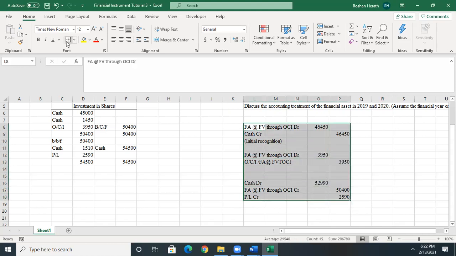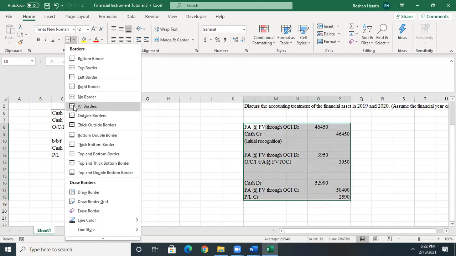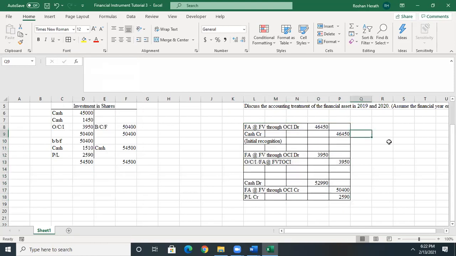So you've been asked to account for this in 2019 and 2020. So here we have 2019. This was the accounting: gain on remeasurement, recognition of gain on remeasurement.